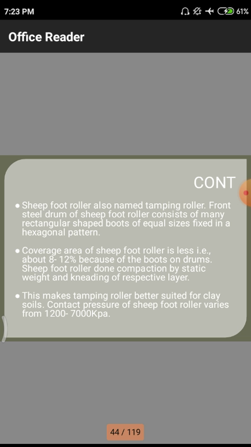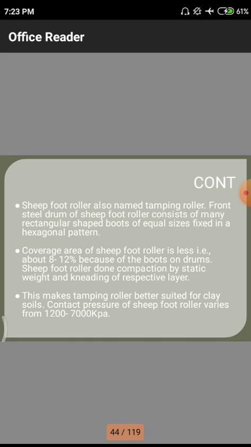After each layer we need to give 20 to 30 tampings with a tamping rod of 16 mm diameter, such that the material is densified in a particular layer with fewer voids. Likewise, the sheep foot roller is also called a tamping roller. The front steel drum of a sheep foot roller consists of many rectangular shaped boots of equal size fixed in a hexagonal pattern.